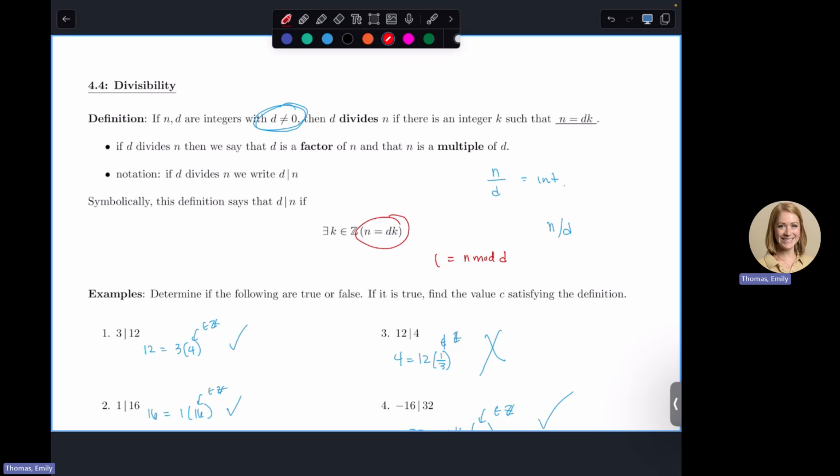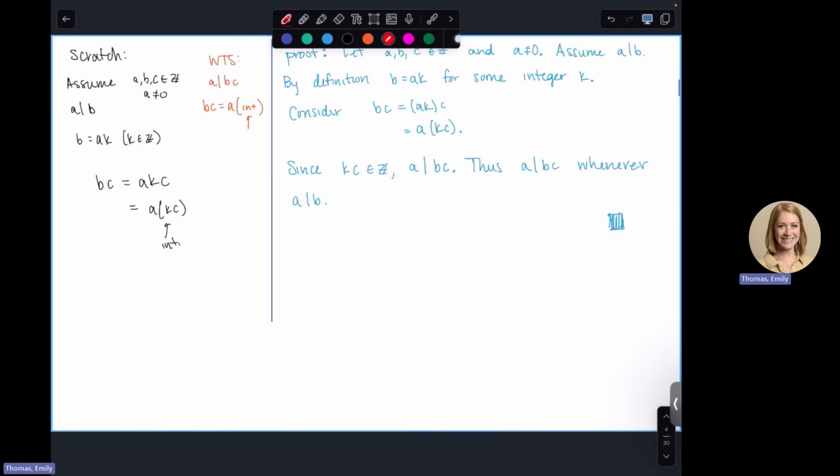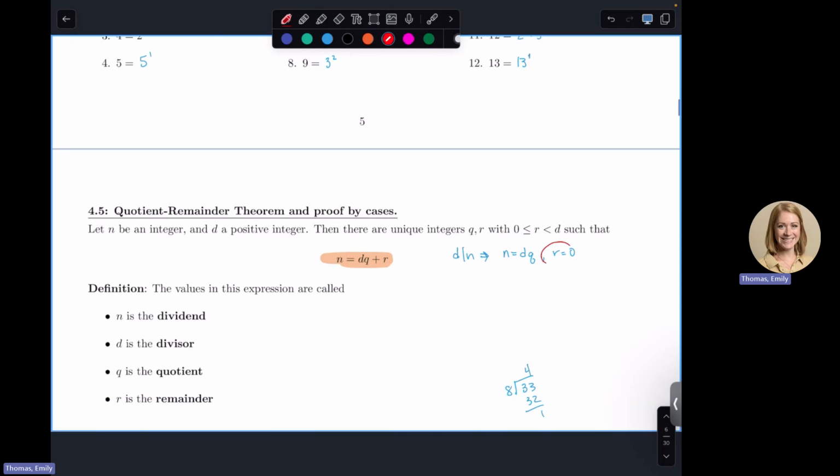It's 0, yeah. Because n is a multiple of d. It's already sitting on a multiple. We don't need to get to the closest one. Also, that goes back to this thing. Your R is 0 there. So it would be 0 mod d.